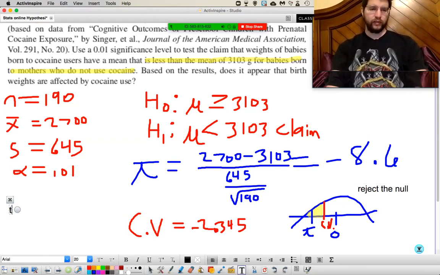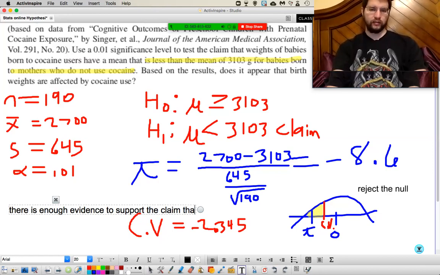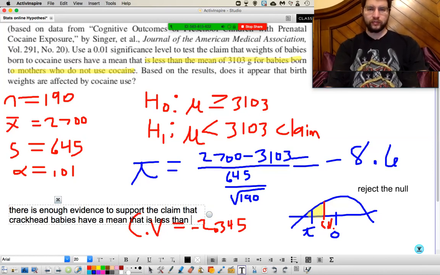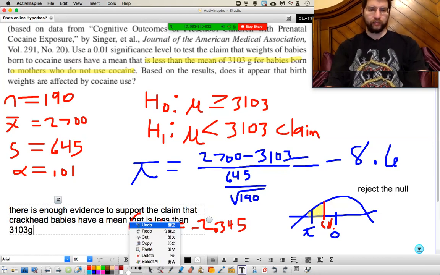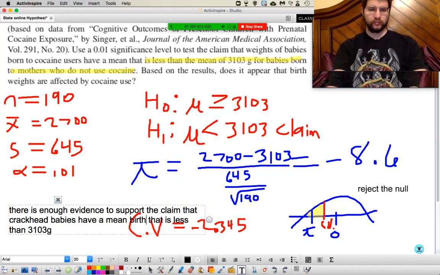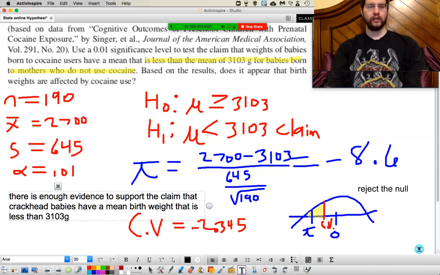That means there is enough evidence to support the claim that cocaine-exposed babies have a mean birth weight that is less than 3,103 grams.